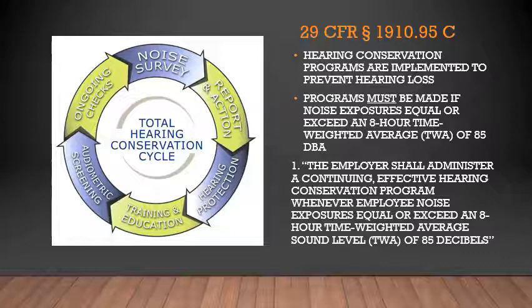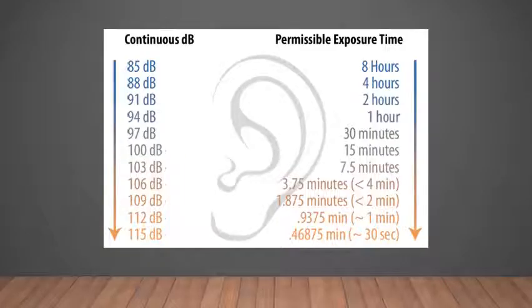Programs must be made if noise exposures equal or exceed an 8-hour time weighted average of 85 decibels. As you can see in this graph, it shows a very important visual element on how permissible exposure time and decibels compare to one another.